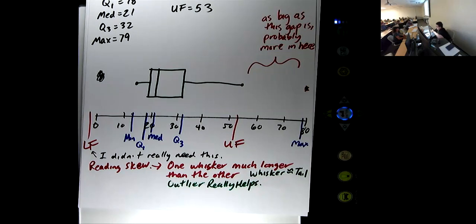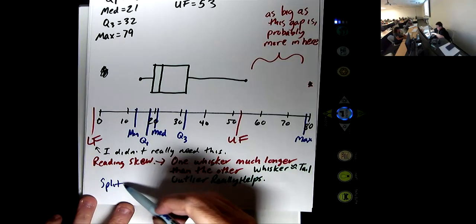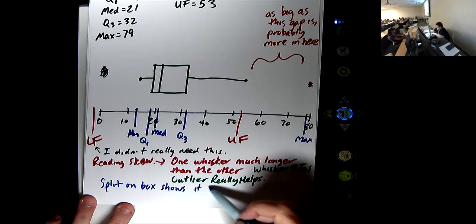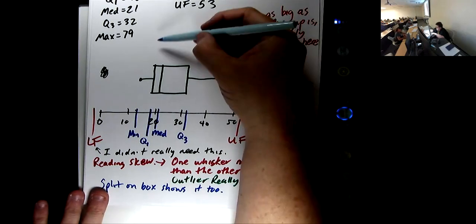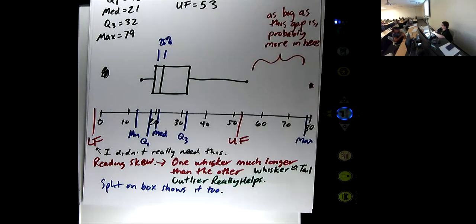But every once in a while you have outliers on both sides. The split on the box kind of does it too. This is saying 25% of my data is right in that range.